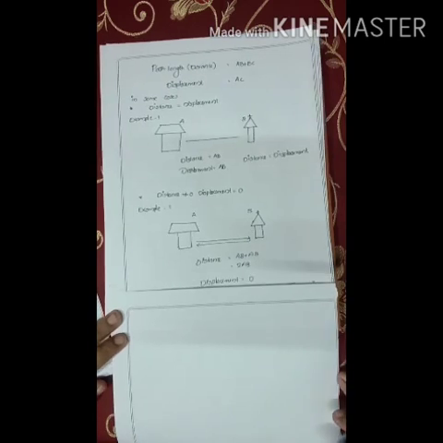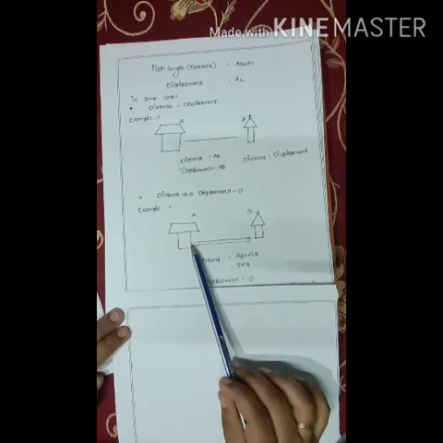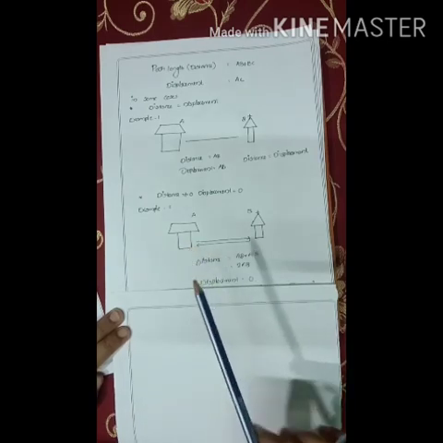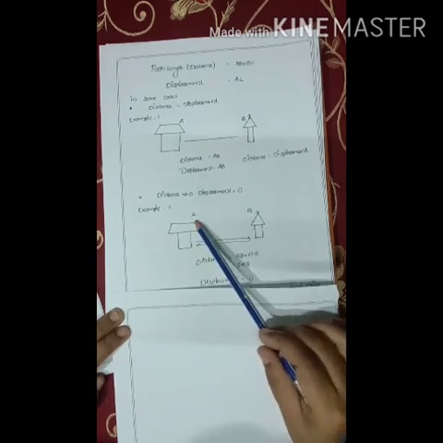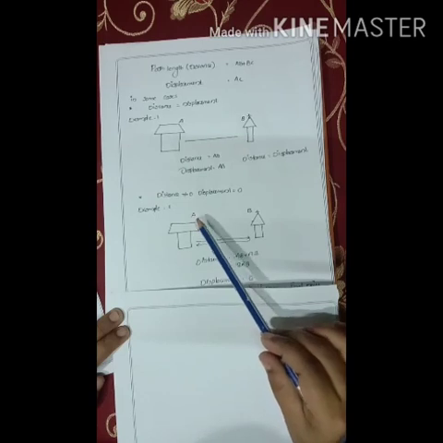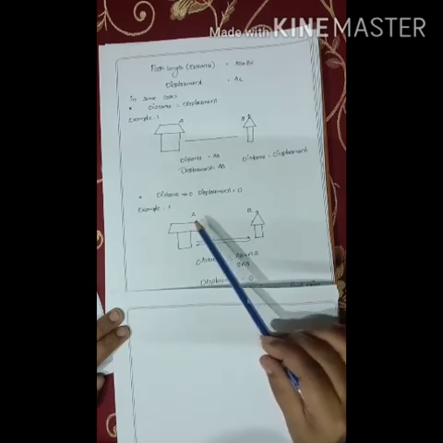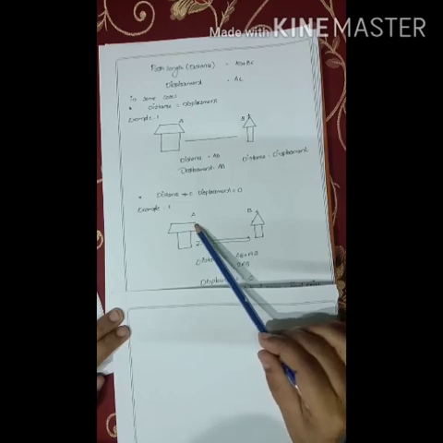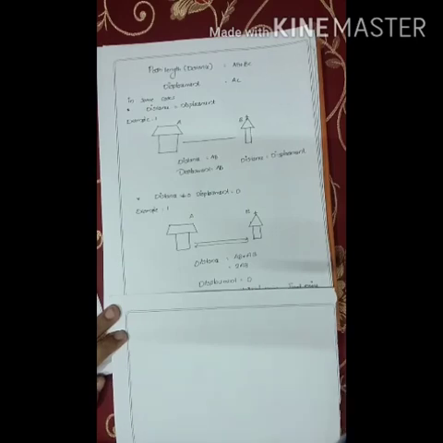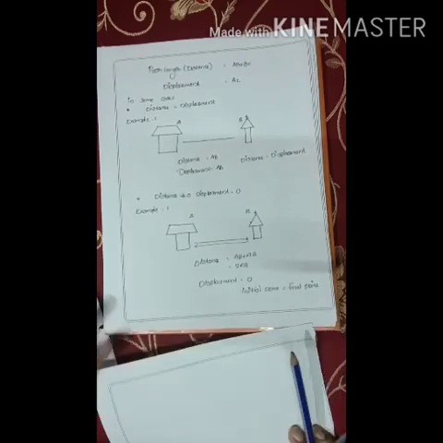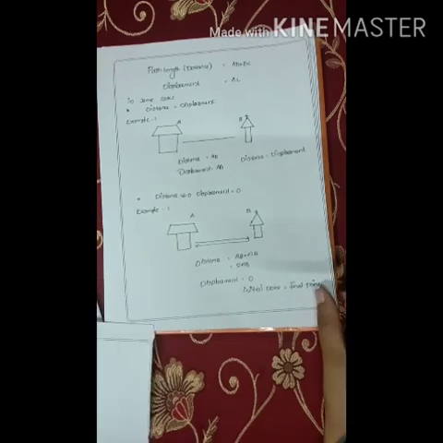Next one is displacement. Displacement means the difference between initial and final point. In this case, the starting point is A, that means initial point, and the ending point is A. So initial and final point are both the same. So there is no difference between initial and final point. So displacement equals 0. If initial point equals final point, then displacement equals 0.